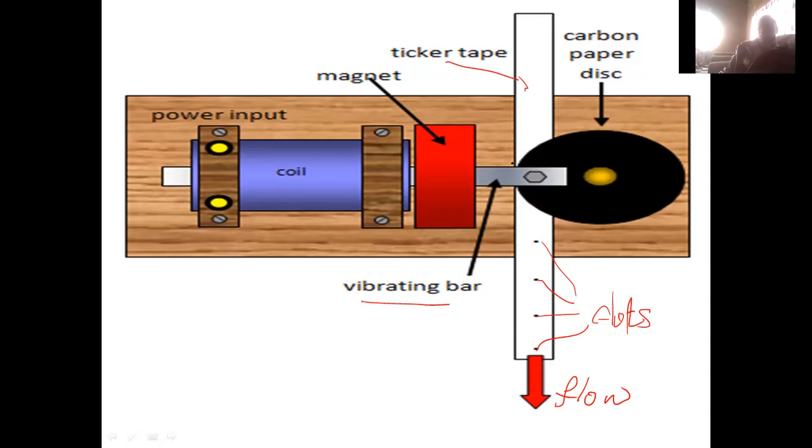And you have the carbon paper here, and the magnet is there to make the vibrations for the vibrating unit. And this is the power supply. So this is a basic presentation of a ticker tape timer.